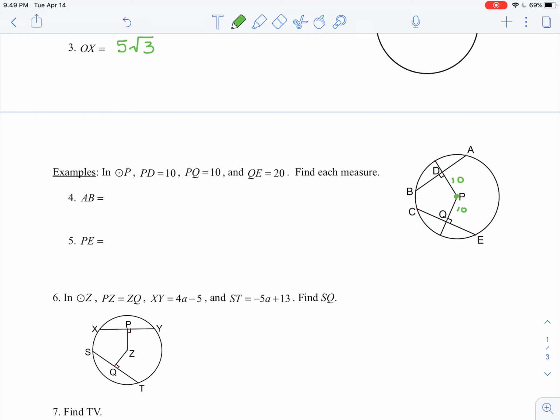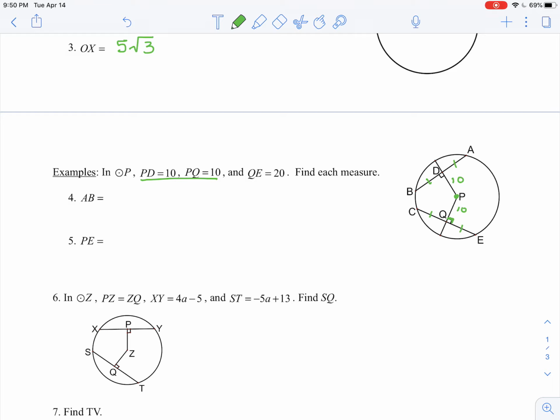I also know that each of those two chords is bisected because each of the radii hit the chords at a right angle. So if the two chords are congruent and they're bisected, all 4 of these little line segments must be the same size. All of that came from the first piece of information here.